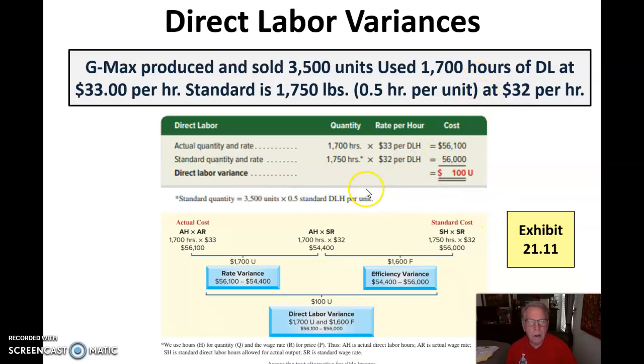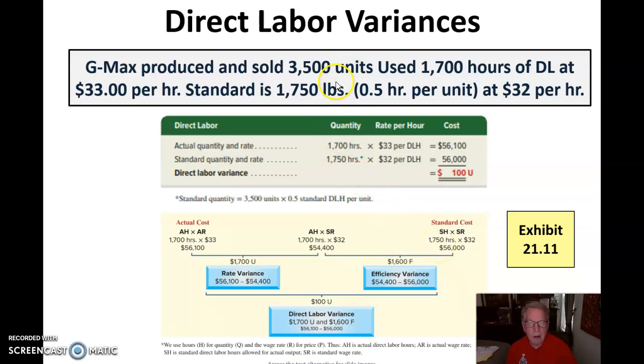And so let's take a look at that. Here, the actual quantity times the actual rate. 1,700 hours times $33 per hour. And that gave us 56,100. I go over to the right-hand side. Standard hours, that's the quantity, and standard rate. And it's 1,750 hours.